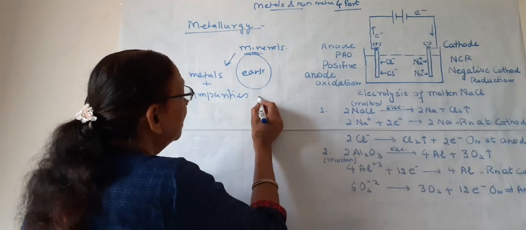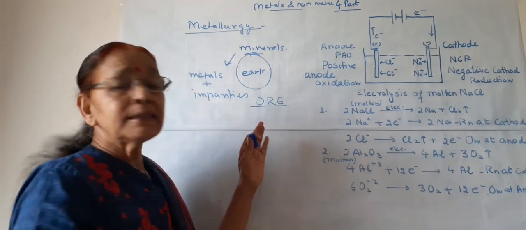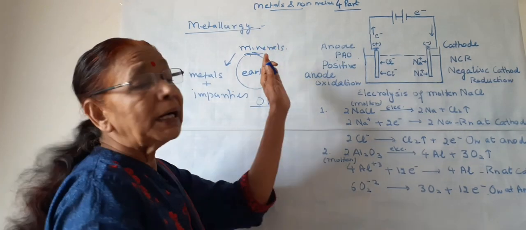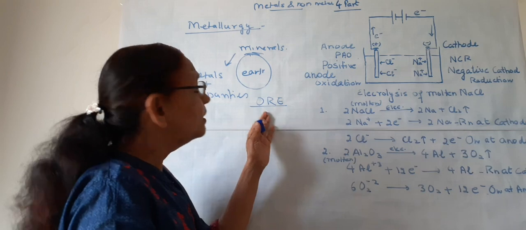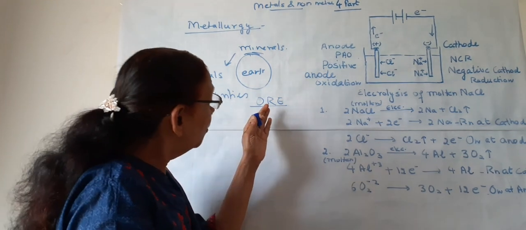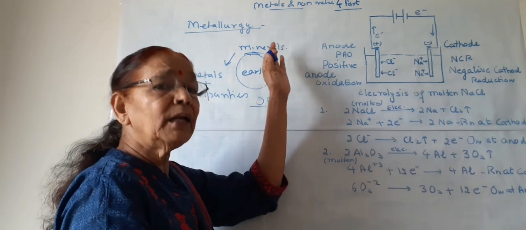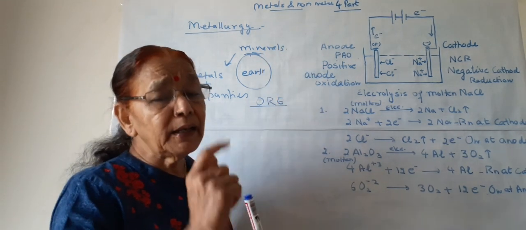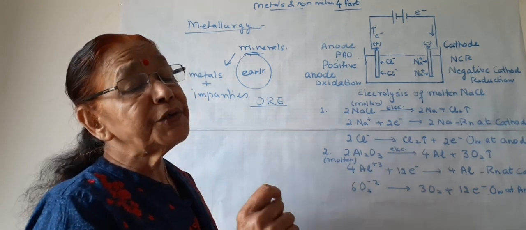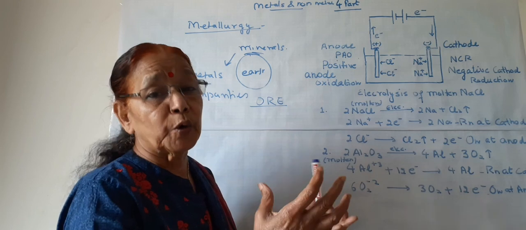Now there is one other term, ore. As I have said, metals are extracted from their ores. Now what is this ore? Ores are minerals. All the ores are minerals. But what type of minerals? Special type of minerals in which the concentration of the metal is more.